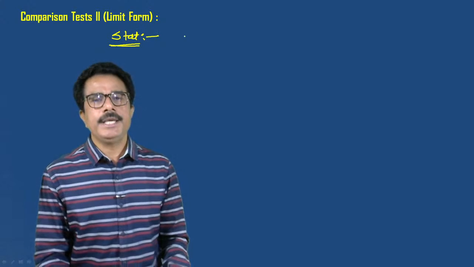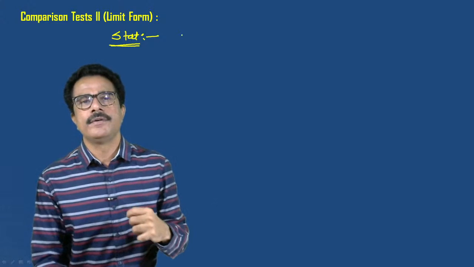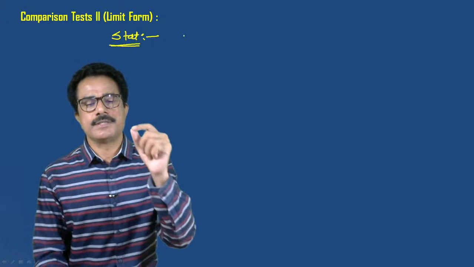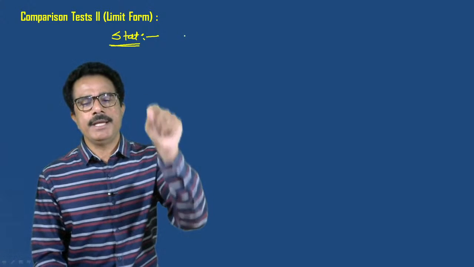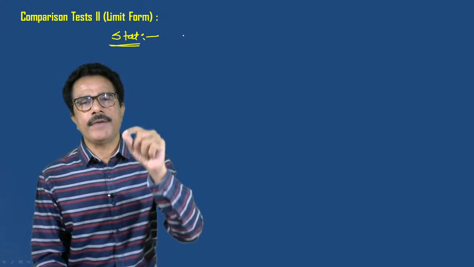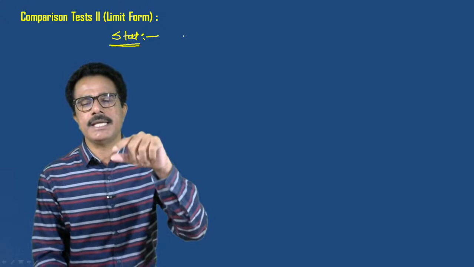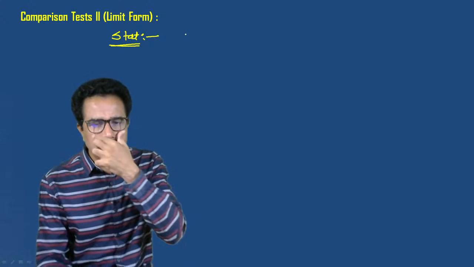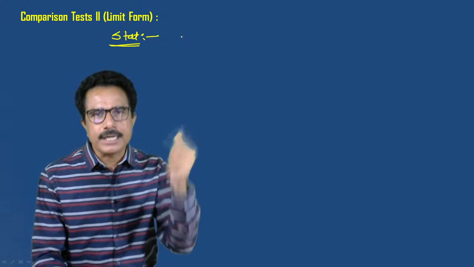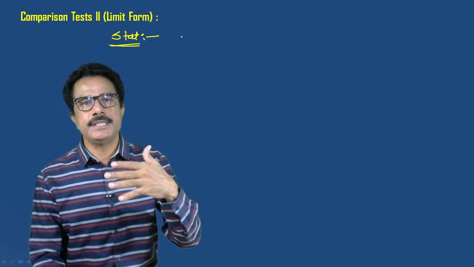Statement: if f and g are two functions on a closed interval [a, b] such that limit x tends to a of f of x divided by g of x equals L, म्हणजे f of x upon g of x चा लिमिट जर L असेल, where L is a non-zero finite number, then the two integrals, integral from a to b f dx and integral from a to b g dx, both converge or diverge together.